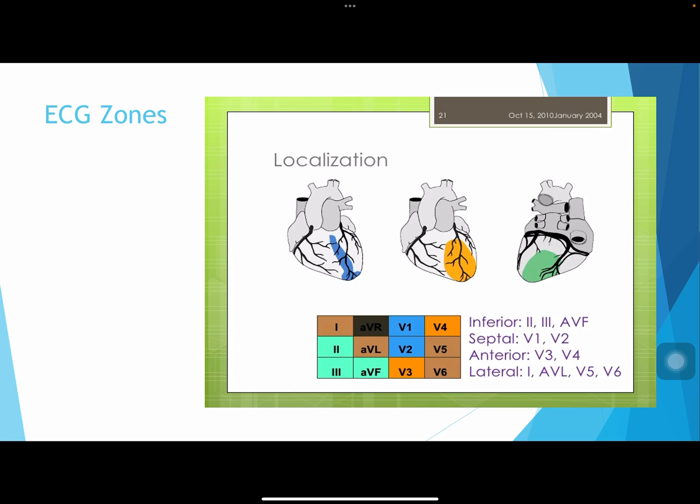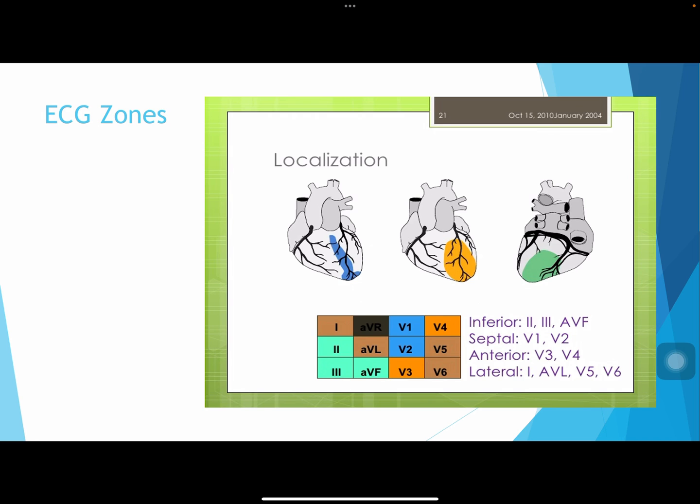We have the left main artery, or the LAD, which runs between the two ventricles and supplies the anterior wall of the heart and most of the IVS, or intraventricular septum. We also have the circumflex artery that runs between the left atrium and the left ventricle, and this supplies the lateral wall of the LV. That should just be a review for you.